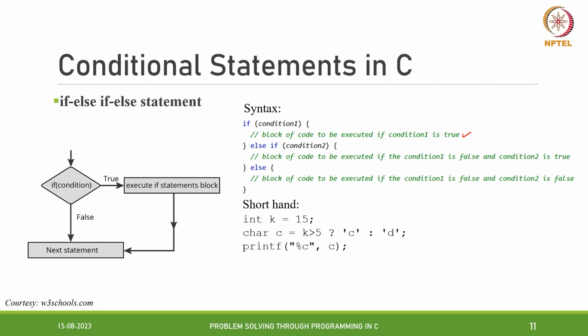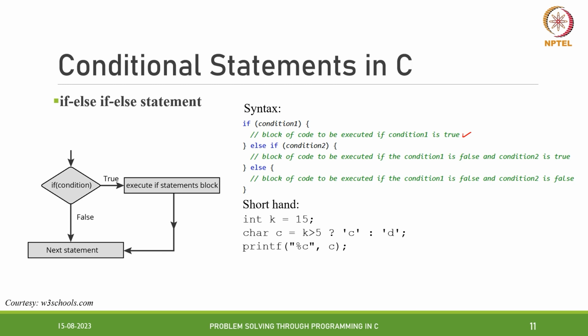Now here is an example where I am using the ternary operator. So here I have a variable k, which is an integer variable and I have initialized it to 15, and I have a character c which I am trying to store based on the value of k.